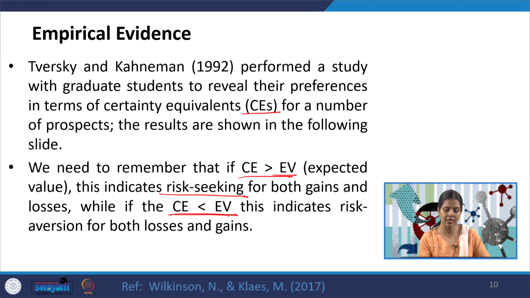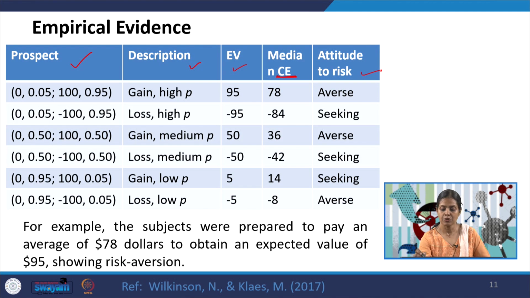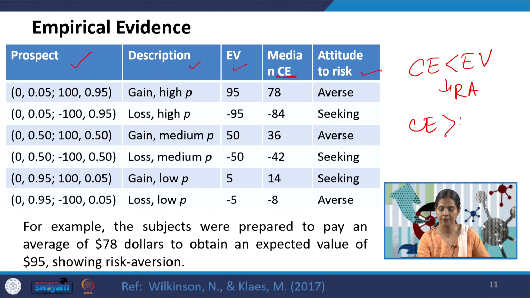When CE is less than EV, this indicates risk aversion for both gains and losses. So, CE less than EV, we have risk averse, and CE greater than EV, we have risk seeking. So, these are the prospects.